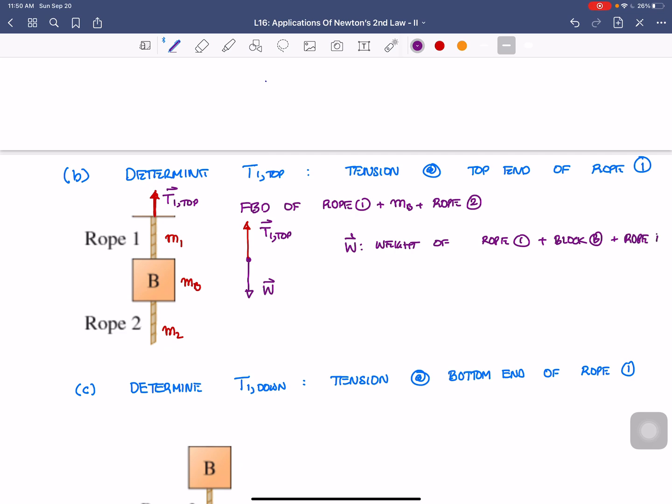In other words, the tension at the top end of rope 1 is responsible for accelerating all of this.